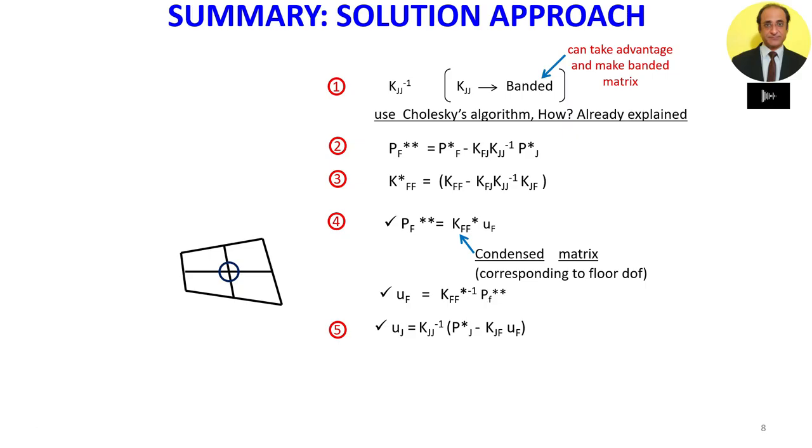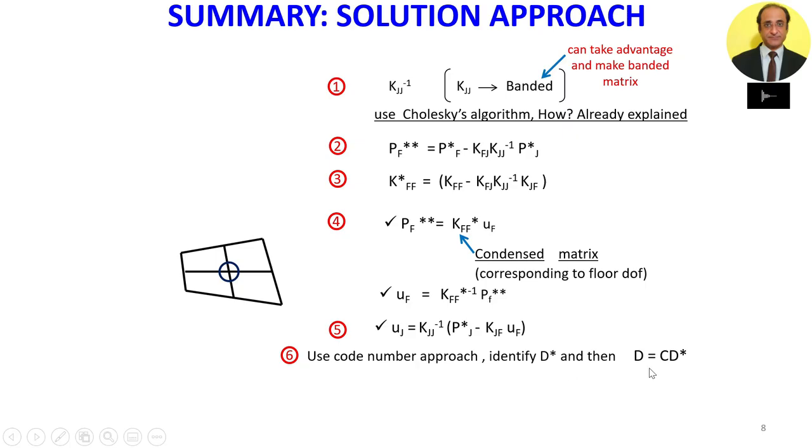Once we have all the displacements, both the floor as well as the joint related degrees of freedom, we go to the member level and use the code number approach, and for a particular member select the D star. D star means these are the displacements of the member, but here the displacements corresponding to the floor degrees of freedom are referring to the reference point.